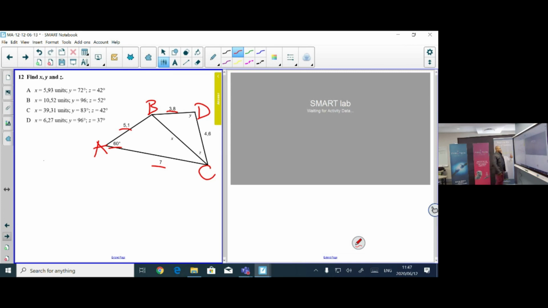So try to give it some name, and then you are looking for X, Y, and Z, and you should be able to start seeing the kind of triangles we have, side, angle, side, and all that. So do this as an exercise you can look at as homework.